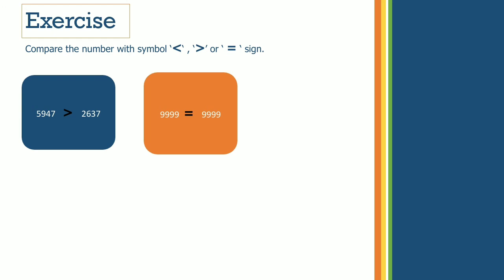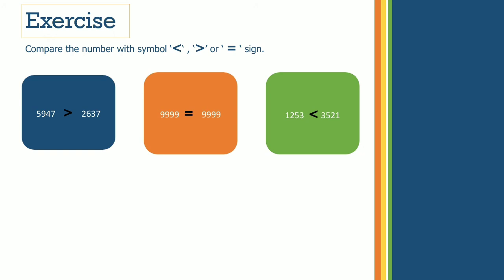Look at the next example. 9999 is equal to 9999. Here all four digits from thousands to unit place are equal, so we put the equal to sign. See the next example. 1253 and 3521. We compare at the biggest place, that is the thousands place. In the first number 1 is at the thousands place, in the next number 3 is at the thousands place.